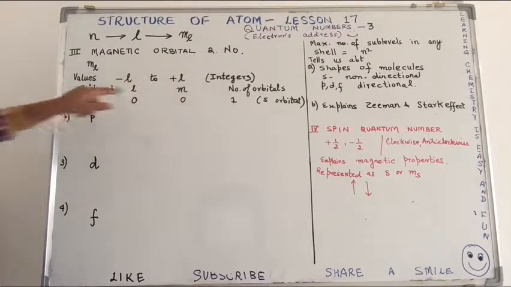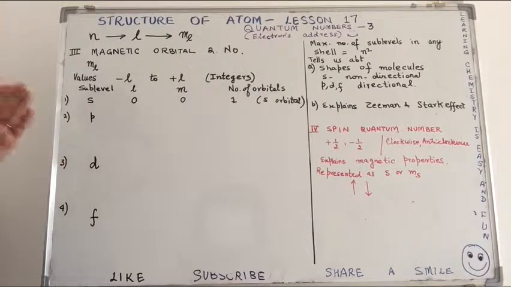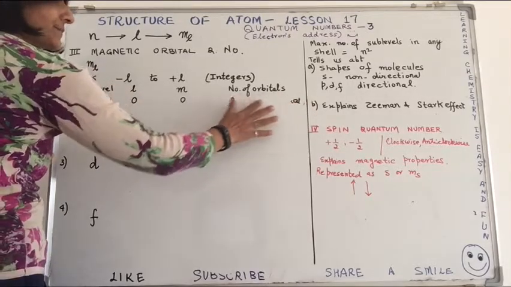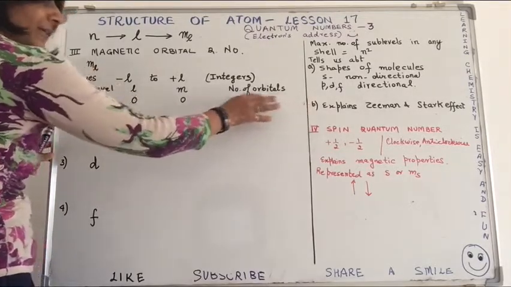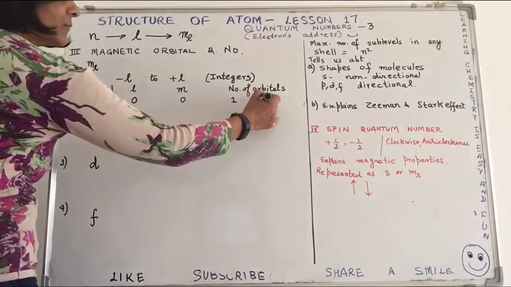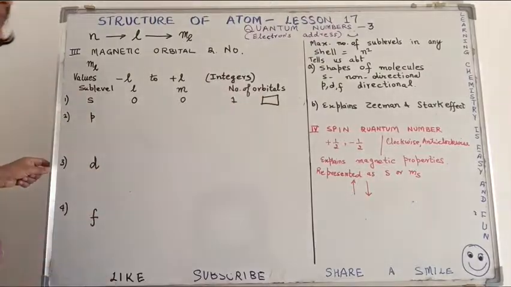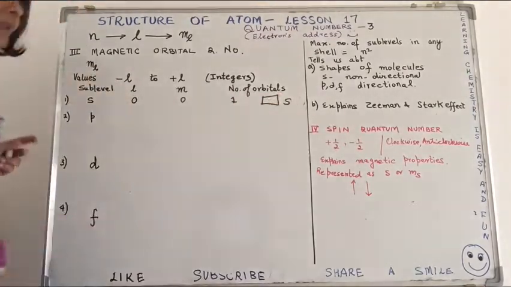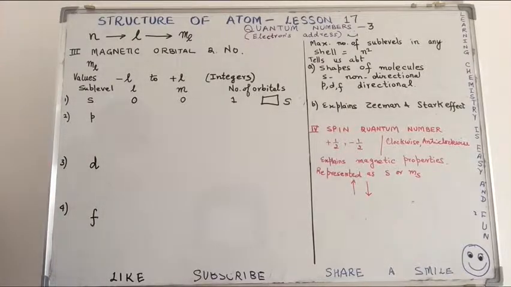In other words, the S sublevel has only one orbital. When you represent this in a diagram, when you do chemical bonding, you will find that in most places this is how it is denoted. So this is the S sublevel as well as the S orbital, because S is not further divided into any more sections.